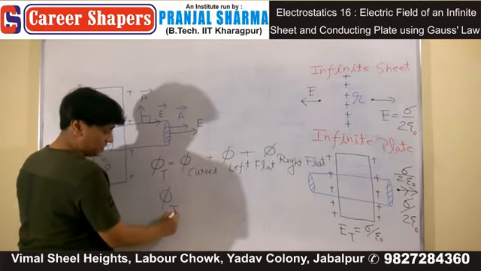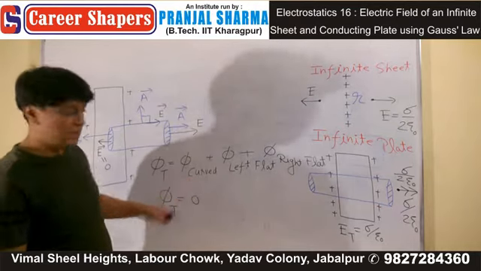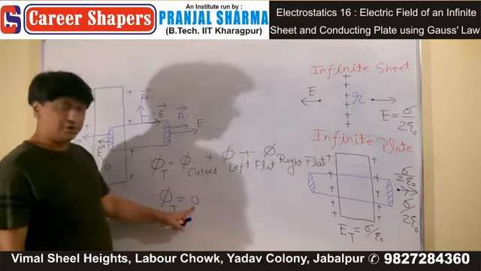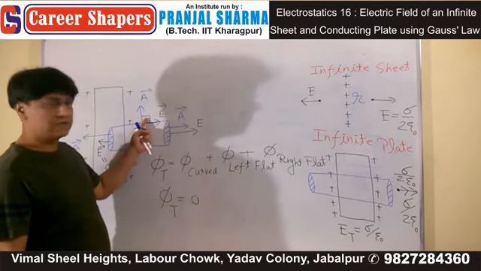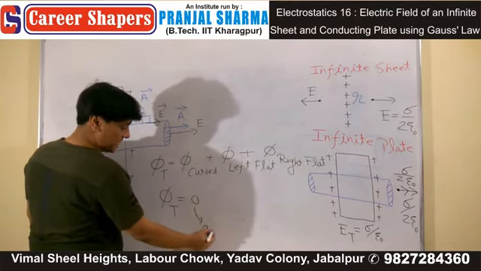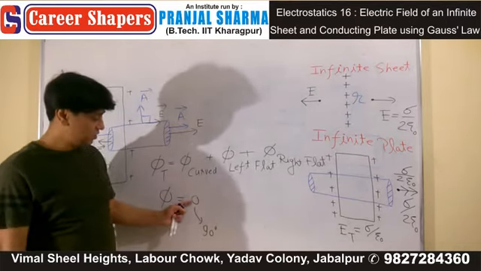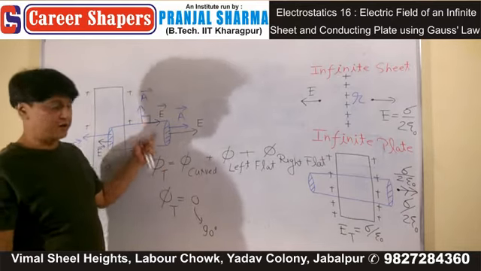Your phi total is coming 0. What is the reason behind this 0? Angle is 90. This is 0 because of 90 degrees.